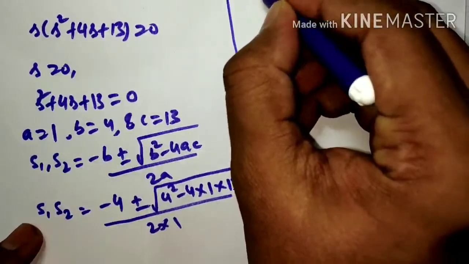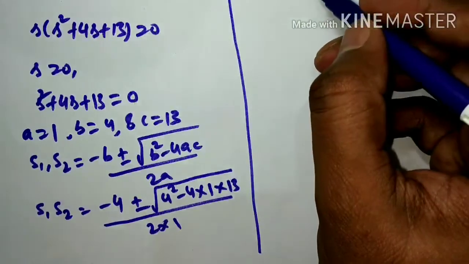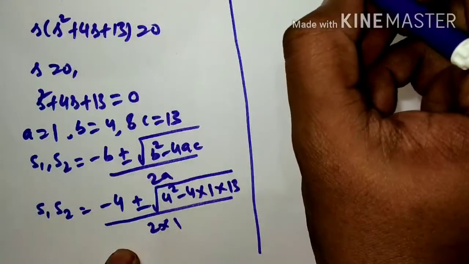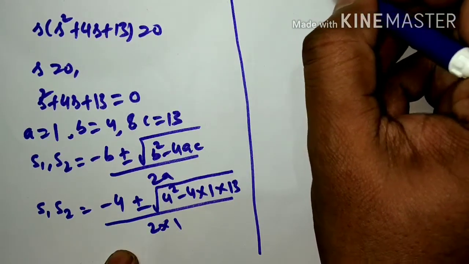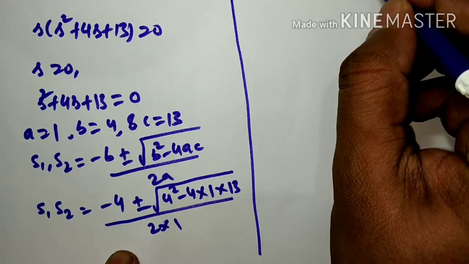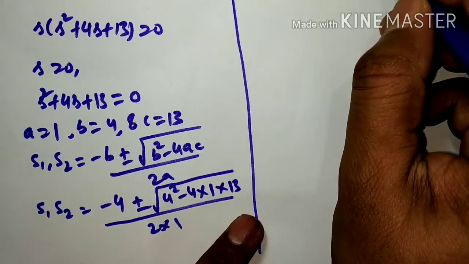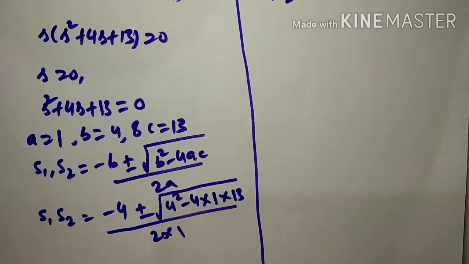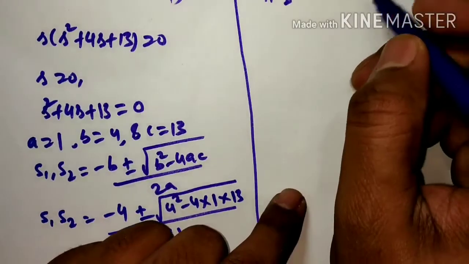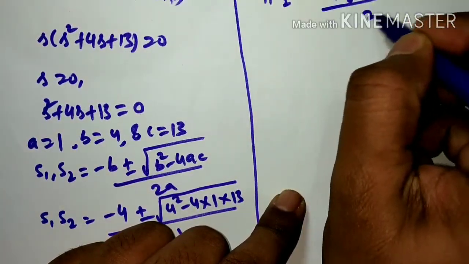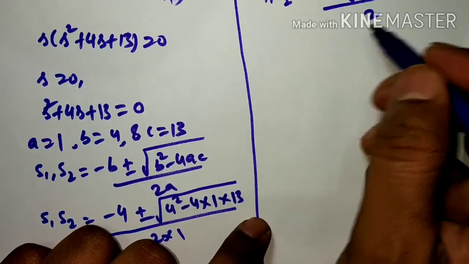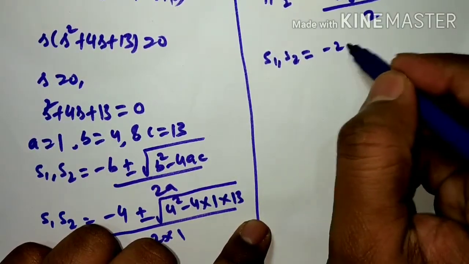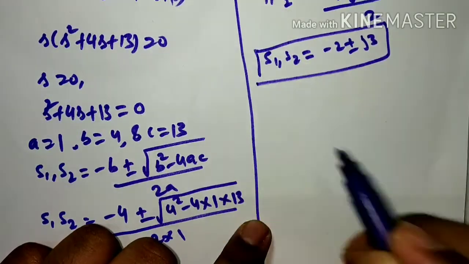You just calculate it. You get (−4 ± √(16 − 52)) / 2.